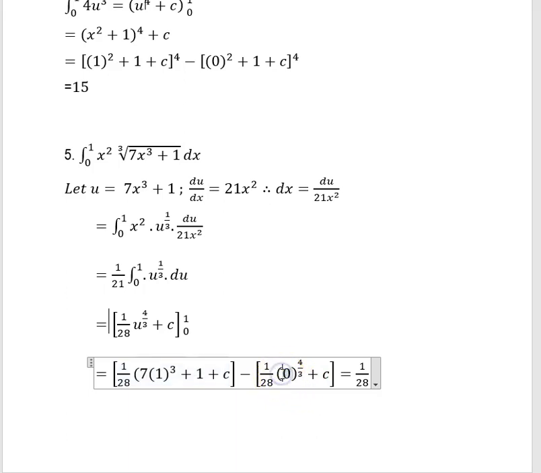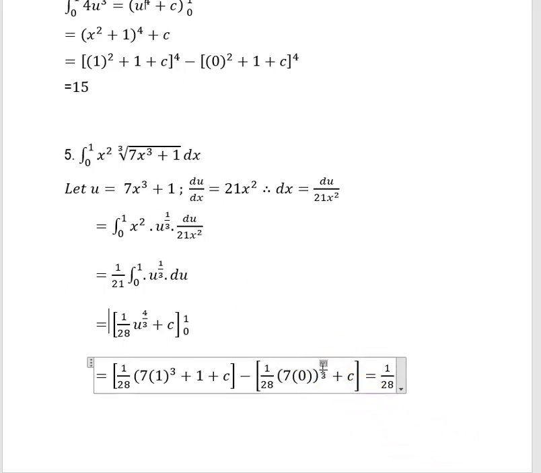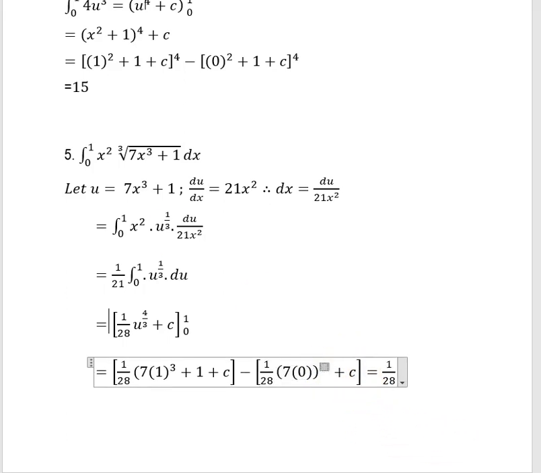This becomes 7 times 0 to the power of 3, and then you have plus 1.